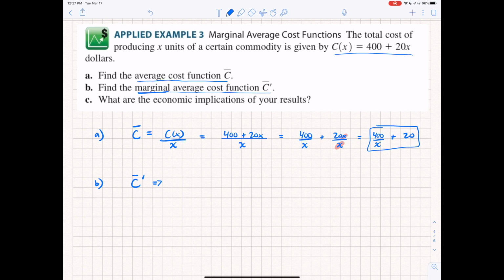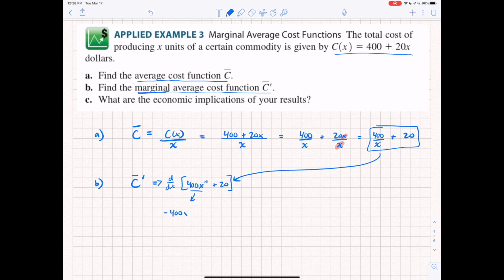So I want to look at C bar, and I'm going to rewrite this so it's a little bit easier to differentiate. I'm going to rewrite it as 400x to the negative 1 plus 20. And again, my goal here is to take the derivative. Well, the first part is power rule.